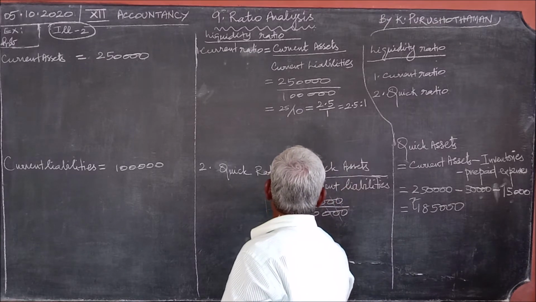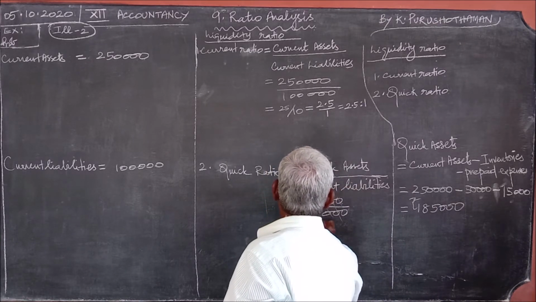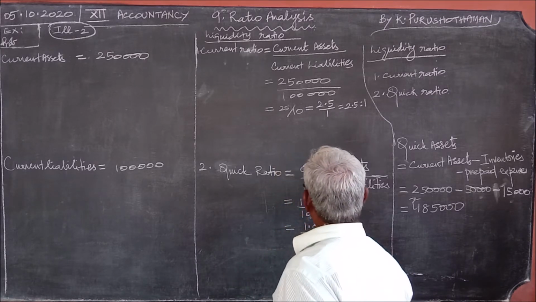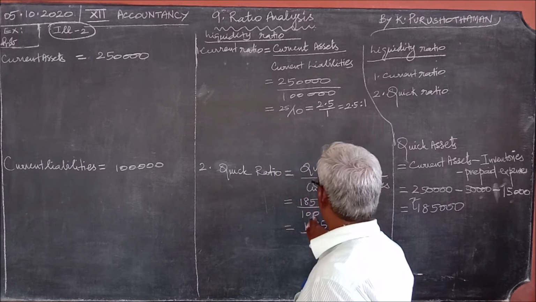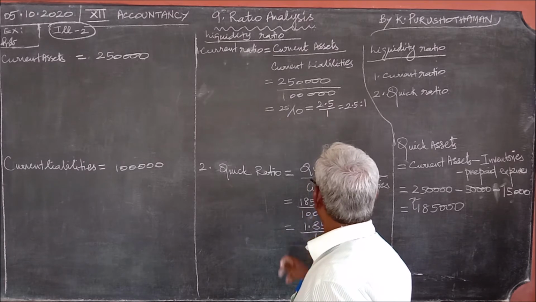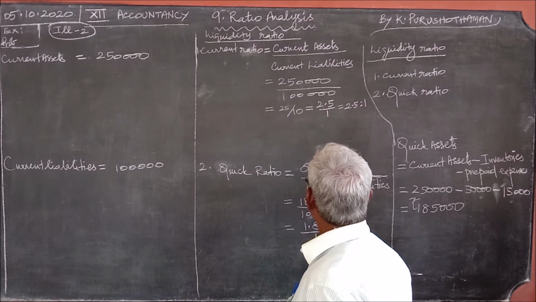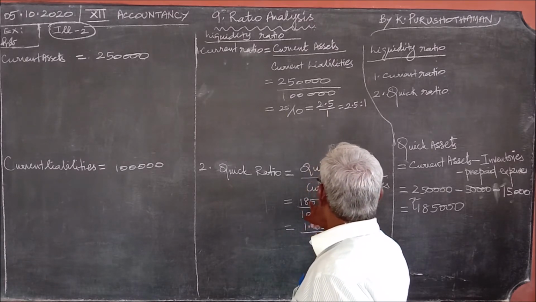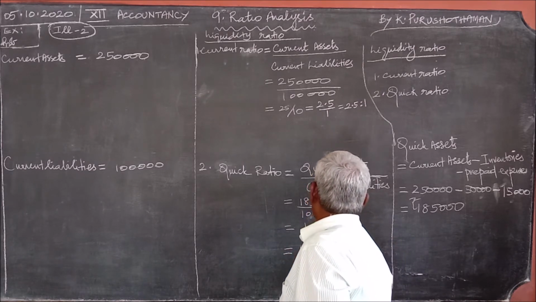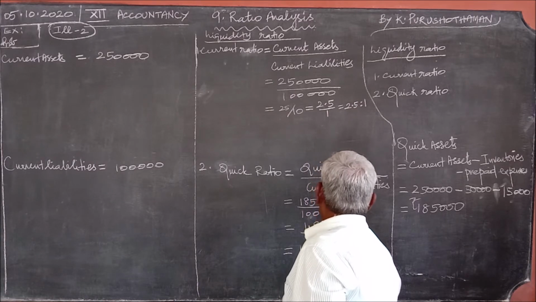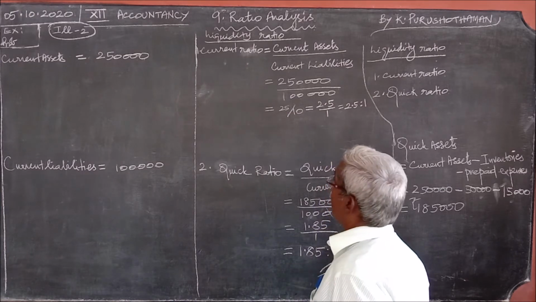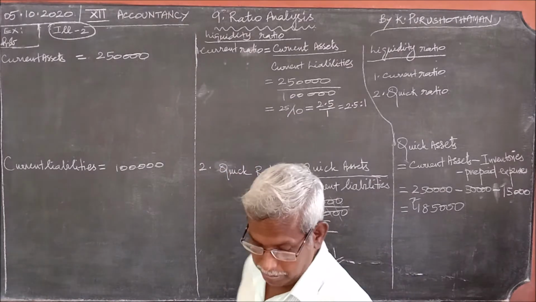That is equal to 1.85 by 1. Divide both the numerator and the denominator by 100. 100 by 100 is 1, and 185 by 100 is 1.85. This can be written in the ratio form 1.85:1. This is the quick ratio for illustration number 2.